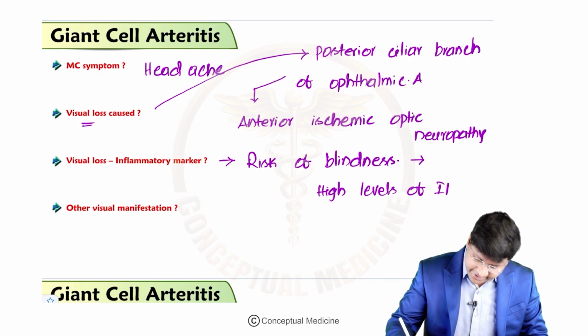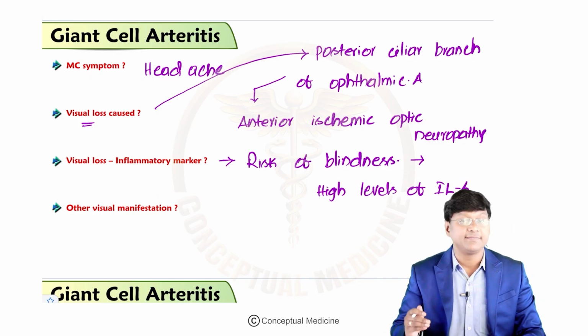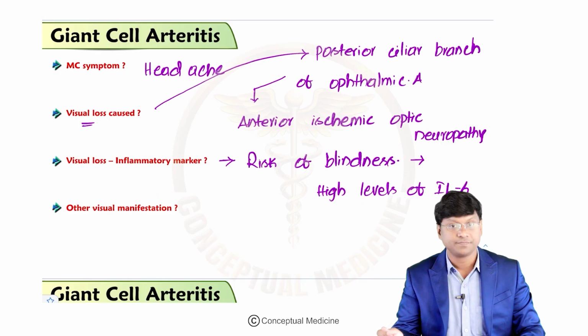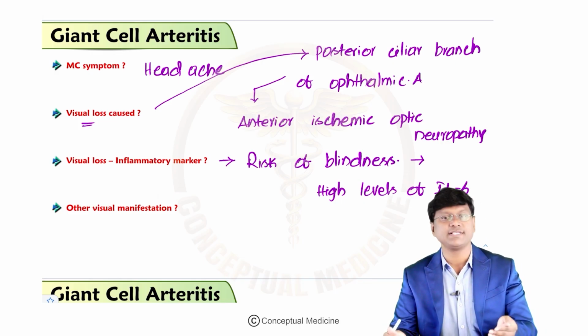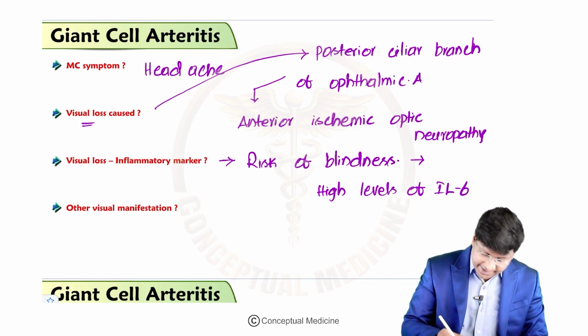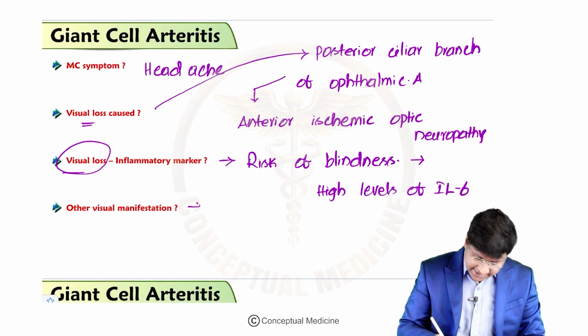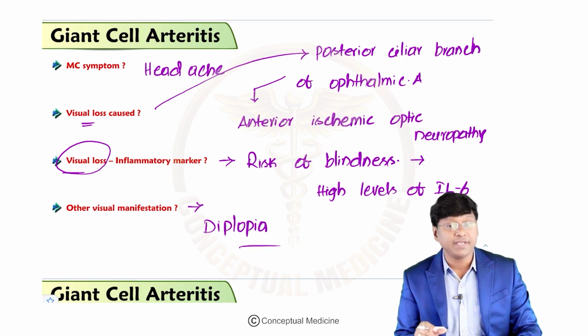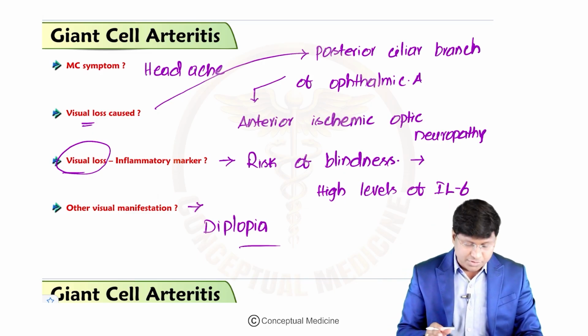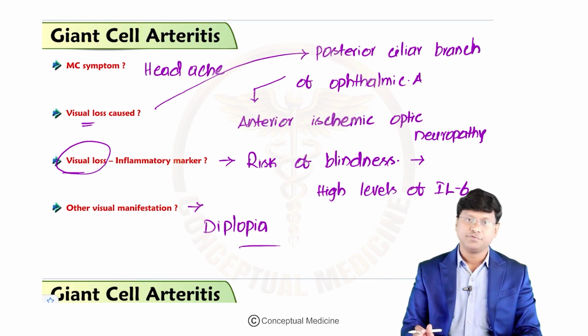So the higher the interleukin 6, the greater the chance of developing visual loss. The other visual manifestations include diplopia, which is the next most common visual symptom after visual loss.